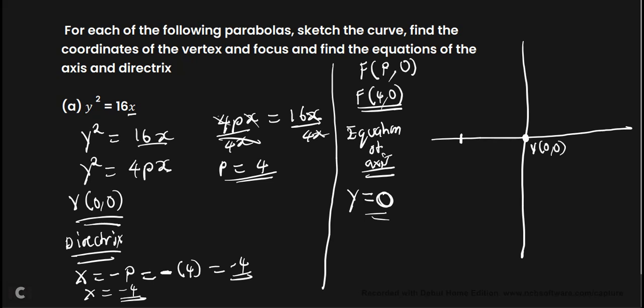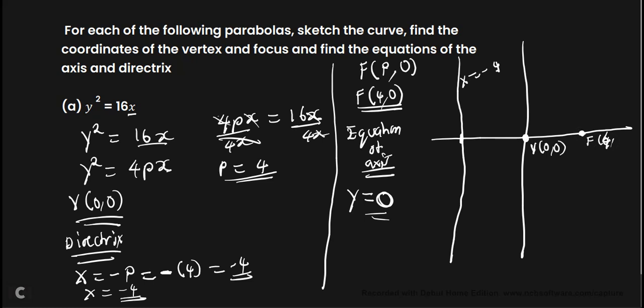So your line is x equal to negative 4, like that, right? Then your focus is (4, 0), so (4, 0) is somewhere here. That's your focus.